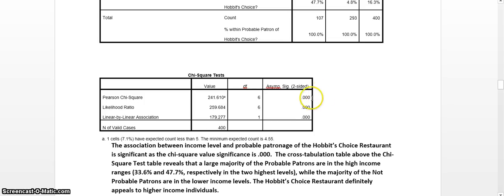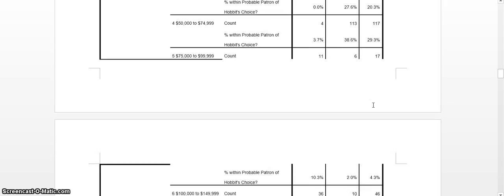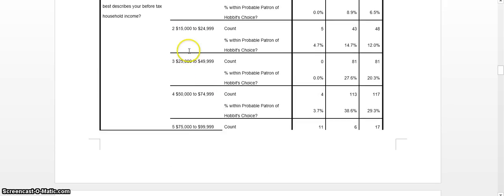If it's significant, it means that there is a correlation or an association between income level and probable patronage of the Hobbit's restaurant. We are not talking about whether there's a difference between each income level, but the association. So remember, when you talk about the significance level for different tests, it means different things. So you have to have the right wording for it.